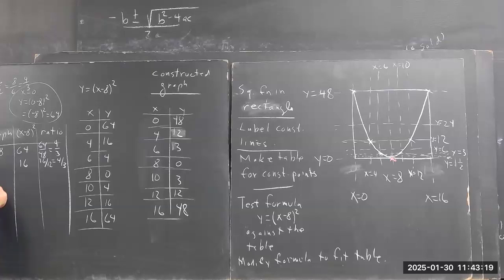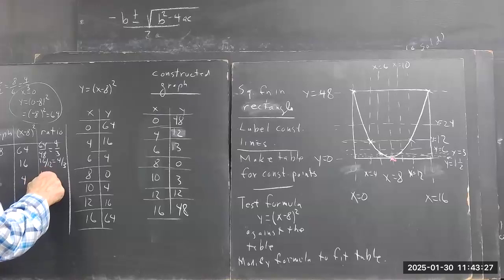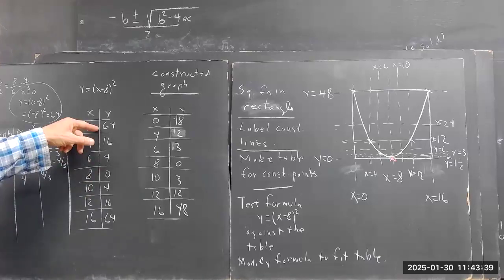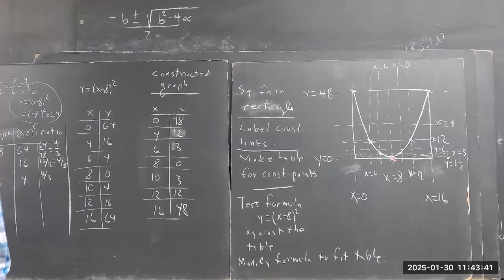We've got 3 here and 4 here. What's the ratio of this over this? That's 4 over 3, which is already 4/3, right? We see a pattern here. It's always 4/3. Okay. So the numbers in this table are always 4/3 as big as the number in this table, right?